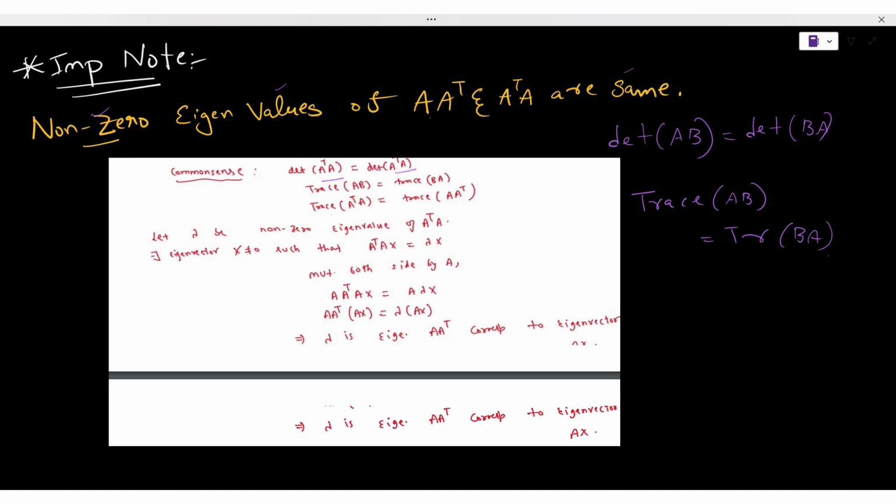So trace of A transpose into A and trace of A into A transpose are always the same. For example, if our matrix is a 3 by 3 matrix, then the characteristic equation is lambda cube minus trace of A into lambda square plus sum of minors of leading diagonal elements into lambda minus determinant of A equal to 0.